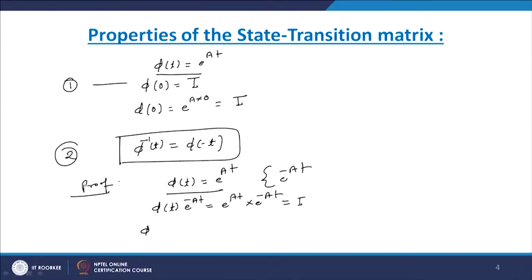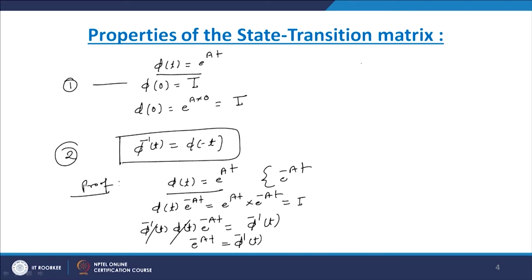So if you multiply phi inverse of t into phi of t, which is e raised to minus a t, phi inverse of t into phi of t is I, so this is cancelled. What we get is e raised to minus a t equals phi inverse of t.